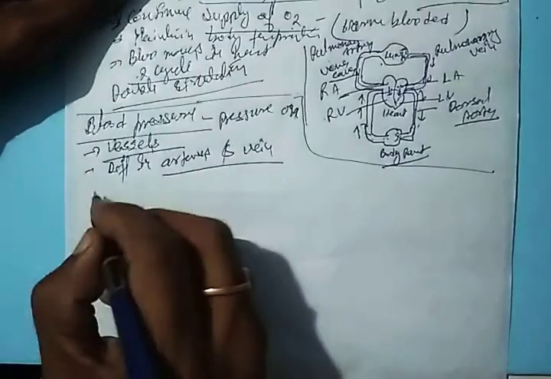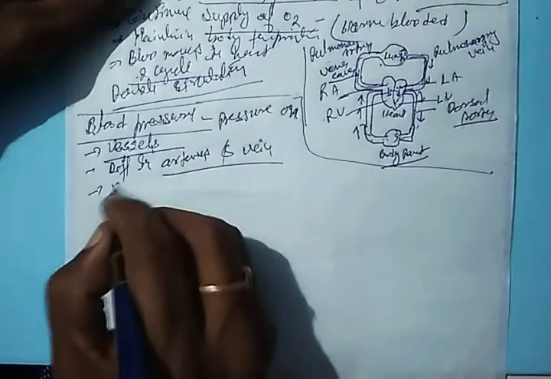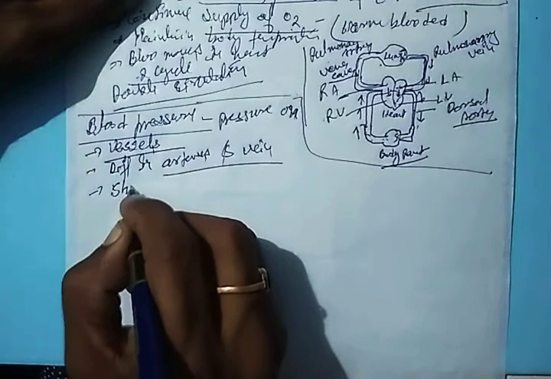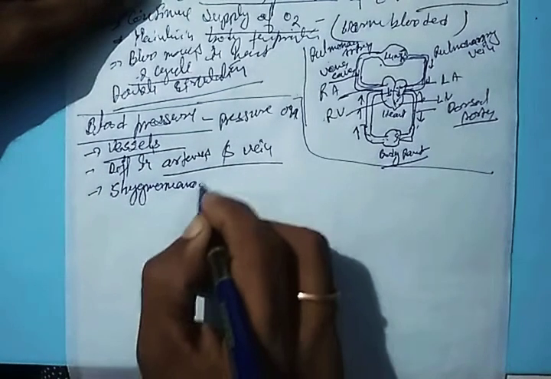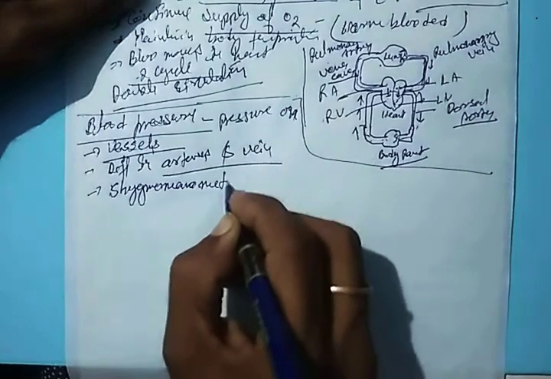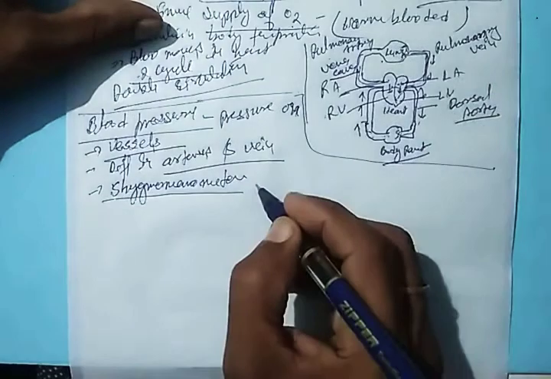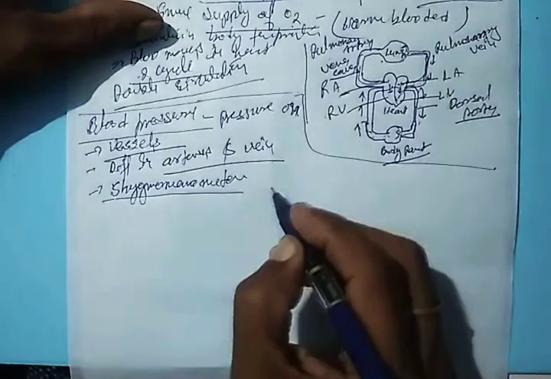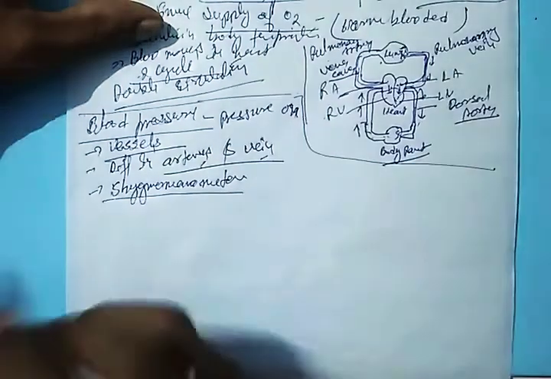We calculate or measure the blood pressure by an instrument that is called a sphygmomanometer. A sphygmomanometer is an instrument that is used for measuring the blood pressure in arteries and veins, or commonly the blood pressure.